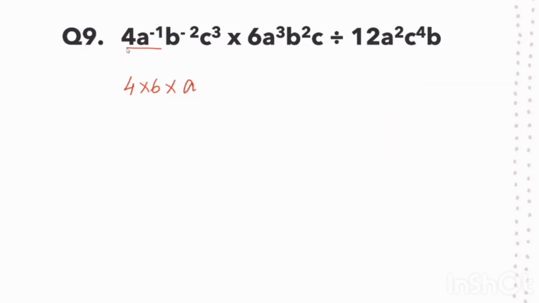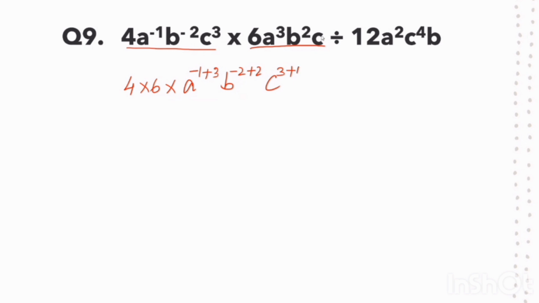Same, when we are multiplying these two expressions, here a raised to the power negative 1 and plus 3, here b raised to the power minus 2 and plus 2, c raised to the power 3 and plus 1.